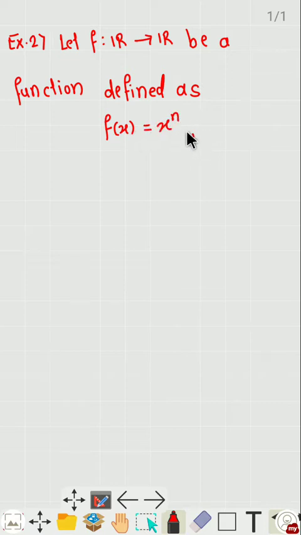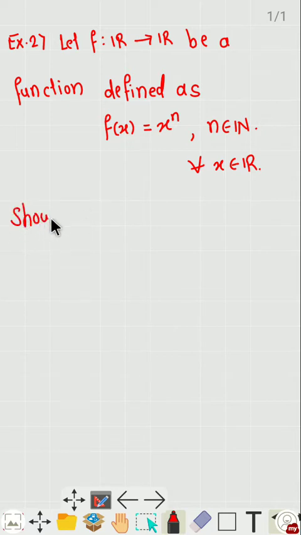And what is n here? N is any natural number and it is defined for all x belongs to R. Show that f is differentiable at every point in R.